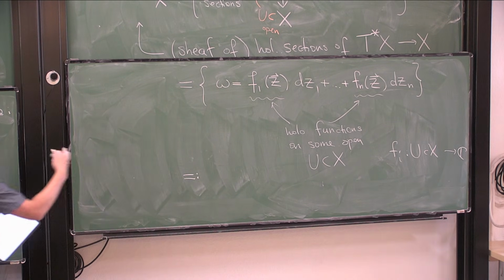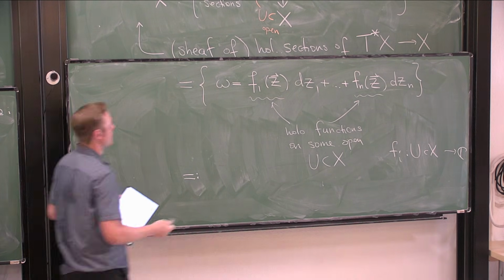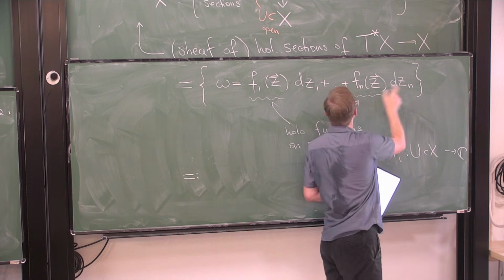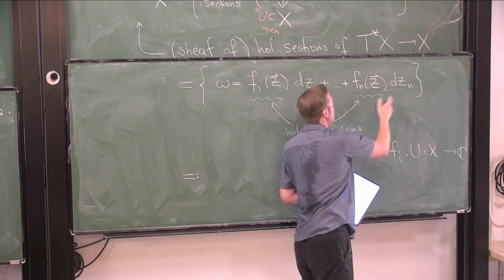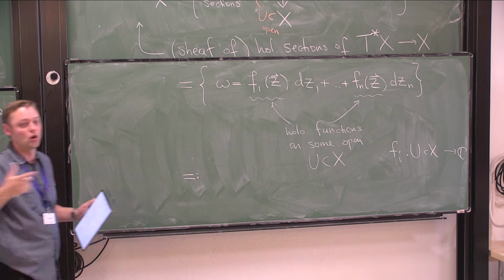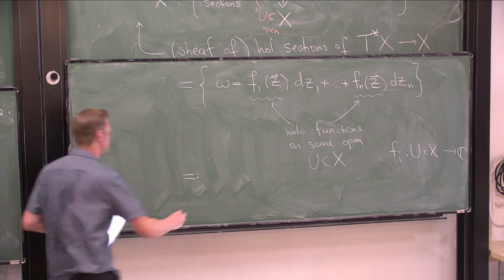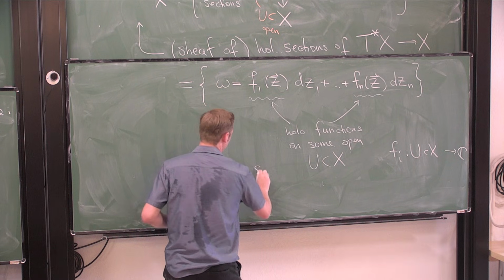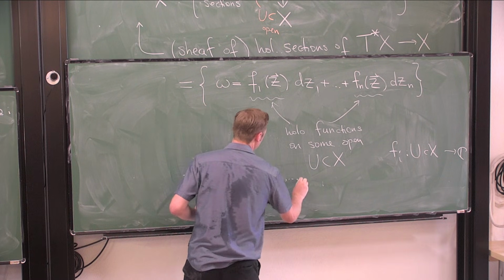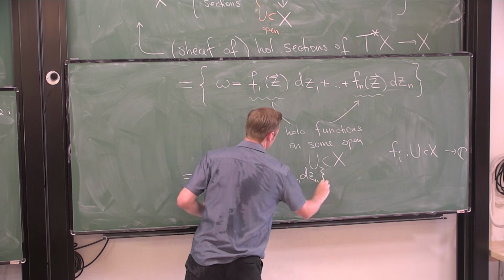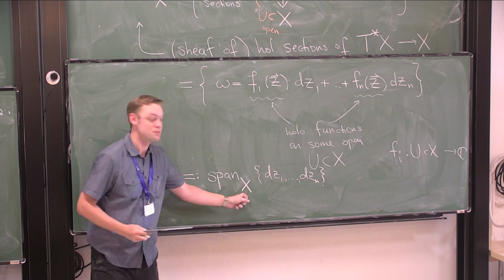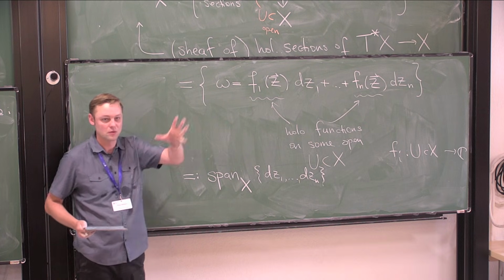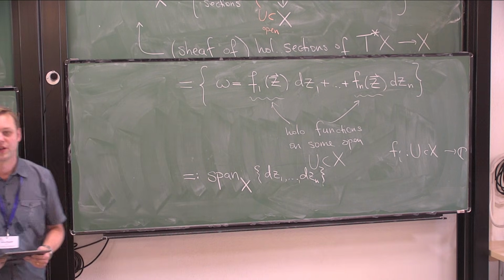This is a span of these differential elements, as people sometimes say. These holomorphic differential elements, it's the span over the local holomorphic functions on X. The way I'll write this is as span sub X of dz1 through dzn. By this subscript X, I just mean that the coefficients that I allow in this span are holomorphic functions locally defined on X.